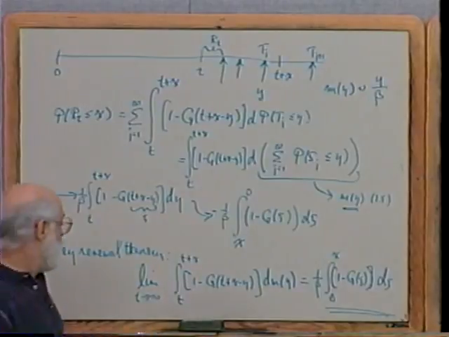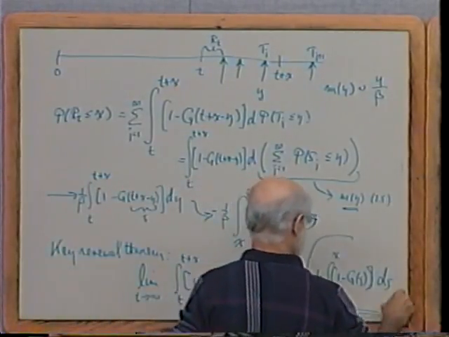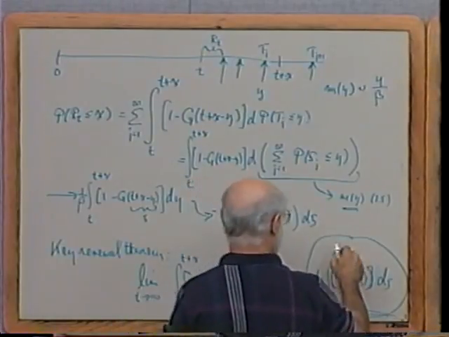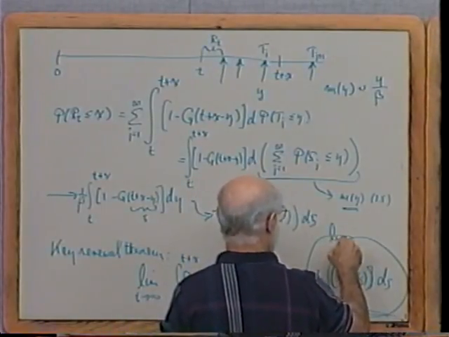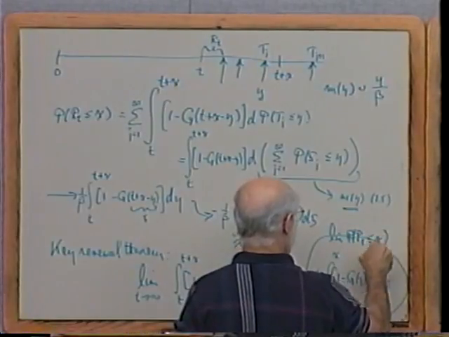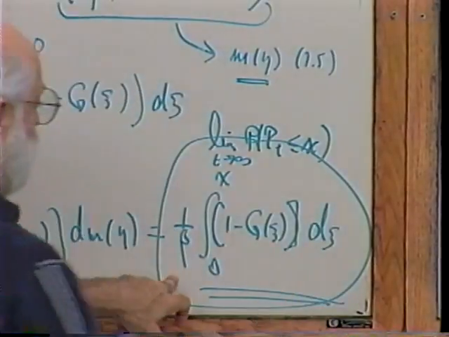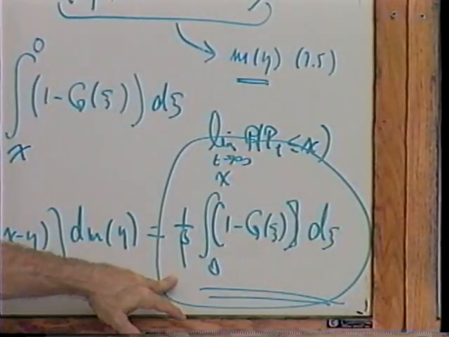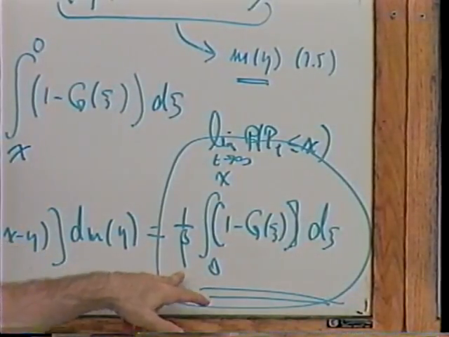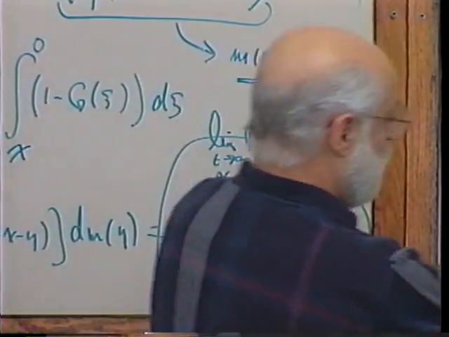Okay, so now we know that this is true. That is, the limit of the probability that r sub t is less than or equal to x as t goes to infinity is given by this integral. And if we take the Laplace-Stieltjes transform of that and call it phi, then we get this result right here.